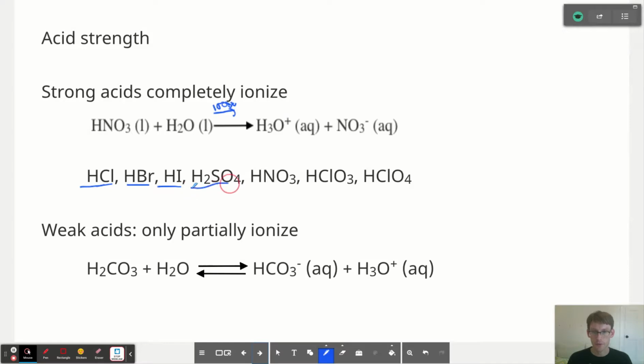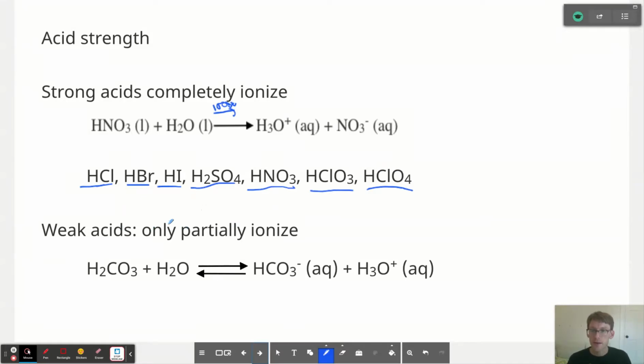Additionally, H2SO4, with which you're probably familiar, HNO3, which you may have heard about, nitric acid, sulfuric acid, nitric acid, and then we have chloric and perchloric acids are also very strong. Chloric you really don't see very often at all. Perchloric occasionally. It is extremely strong as an acid.